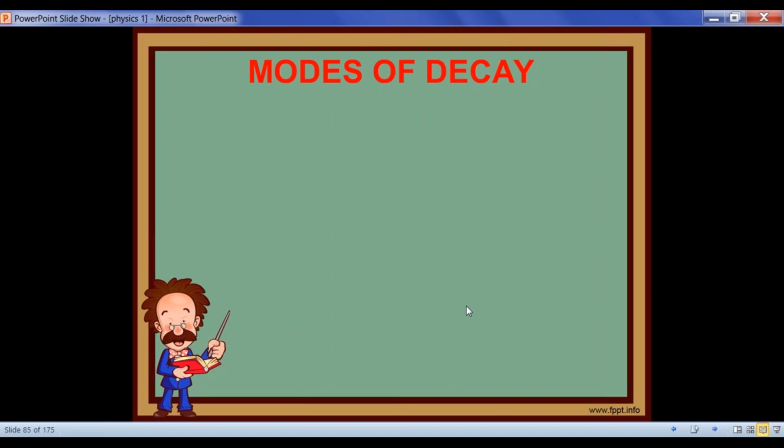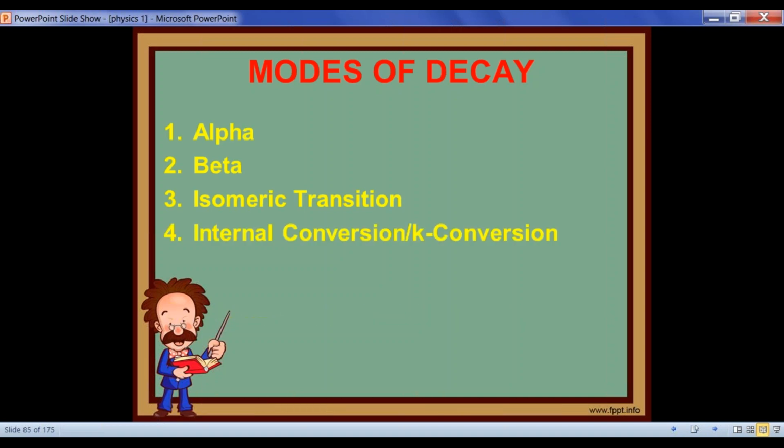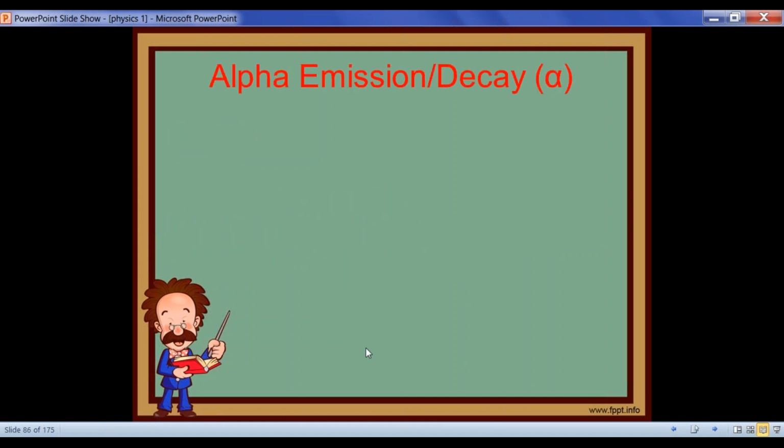We have the alpha, the beta, the isomeric transition, the internal conversion, also termed as the K conversion, as well as the electron capture or the K capture. So these are the five common modes of decay that are very important in our field.